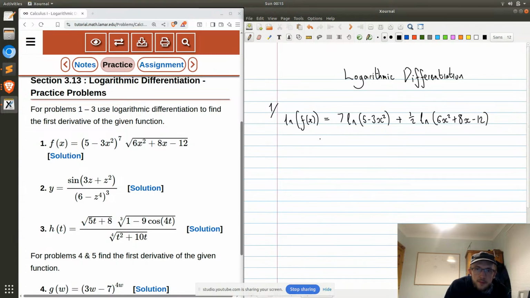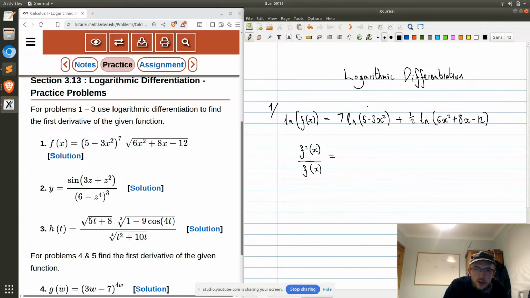Next, implicitly differentiate. I need to like sort of draw this into my mind. d by dx of ln of f of x. So it's 1 over that, and then so it's going to be f prime of x over f of x. Need to remember that.